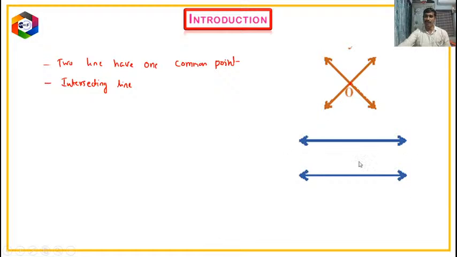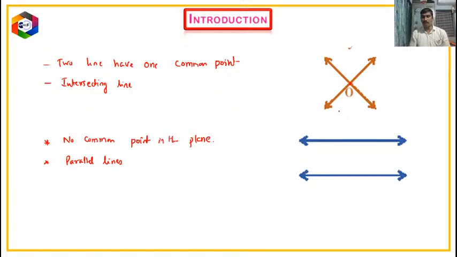That means even if we extend them, they may not have a common point. Then, in that case, with no common point in the plane, the two lines are called parallel lines.